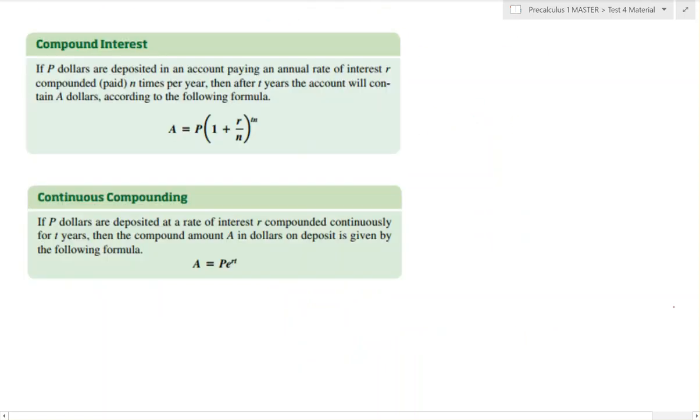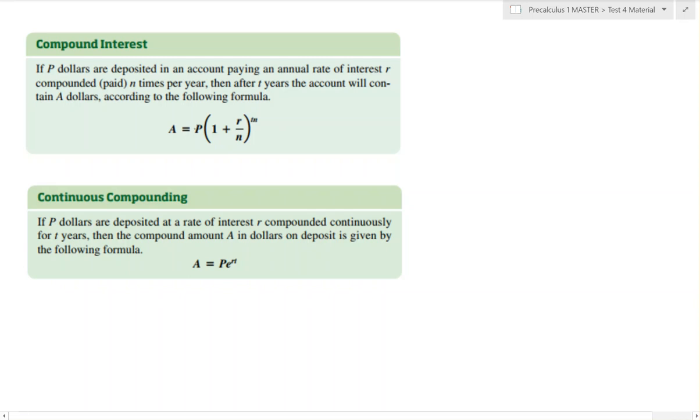Right, here are a couple of formulas where exponential functions are used. The first one's compound interest. So if you take money and put it into an account that pays an annual interest rate that's compounded n times per year, after t years the account will contain A dollars according to this formula.